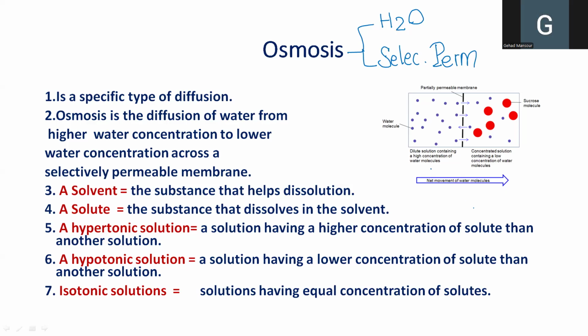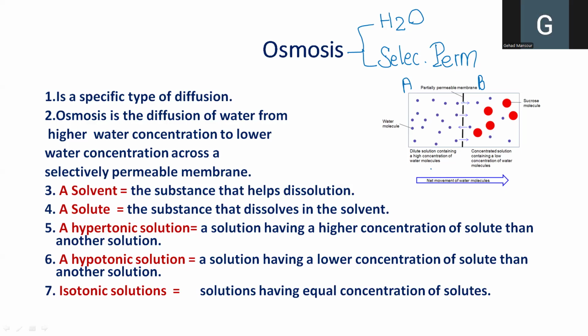For example, here in that diagram, you can see that solution A and solution B are in the same container, but that the container is divided into two halves by a partially permeable membrane.